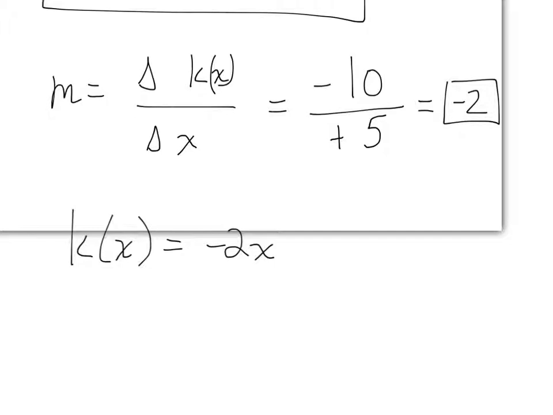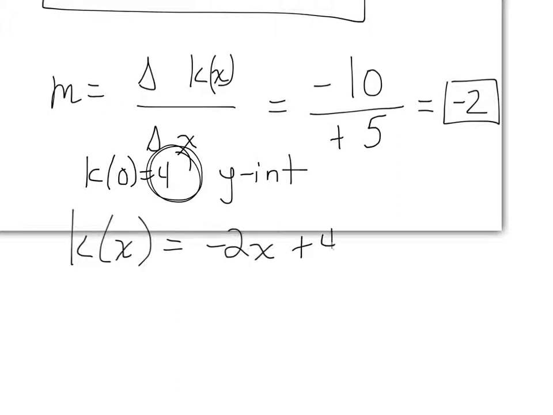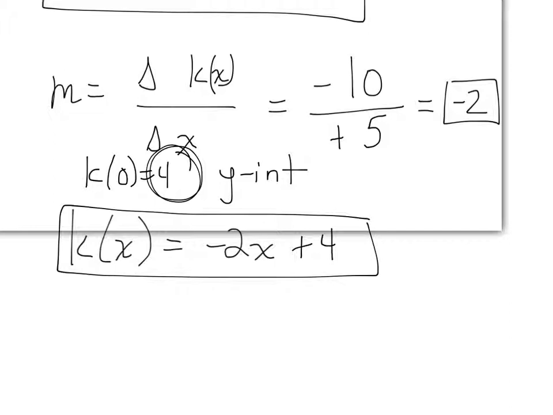So when you're told that k of 0 is equal to 4, this is really just the y-intercept. So you can just put a plus 4. There's no need to go through the problem, though sure, you can do it. You can take that coordinate, 0, comma 4, plug in a 0 for x and a 4 for k, and you get 4 equals 0 plus b.